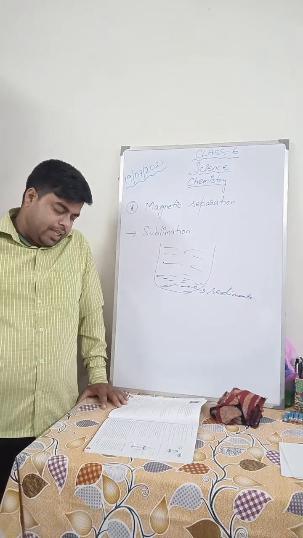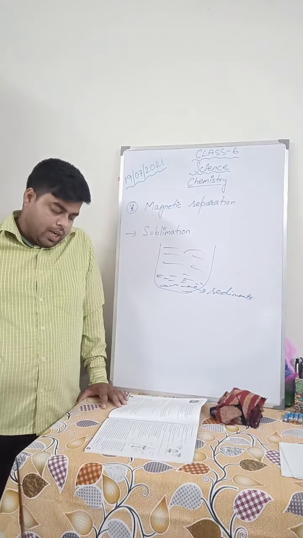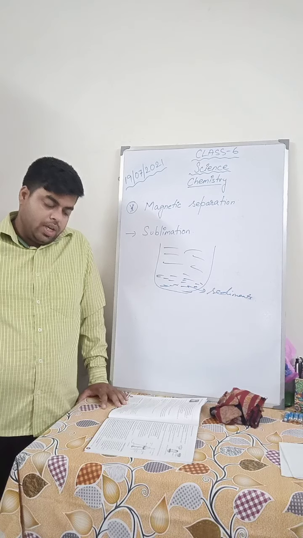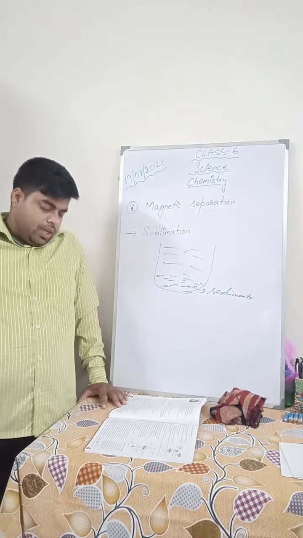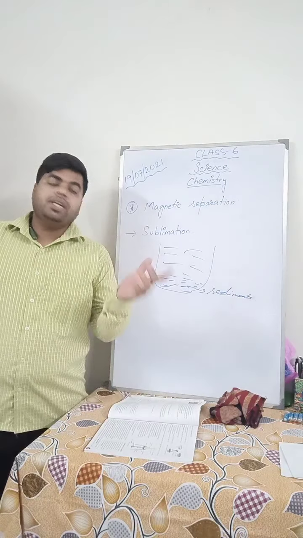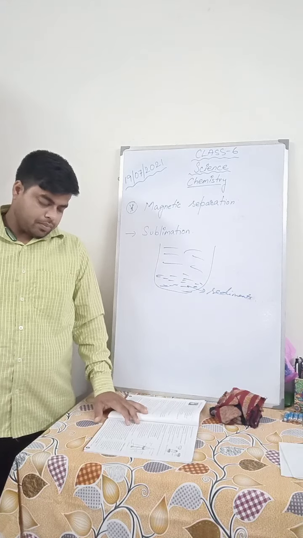This clear liquid is then poured out carefully into another container, without disturbing the sediments, to separate the solid components from the liquid. So the process of pouring out the upper clear water without disturbing the sediments is known as decantation.